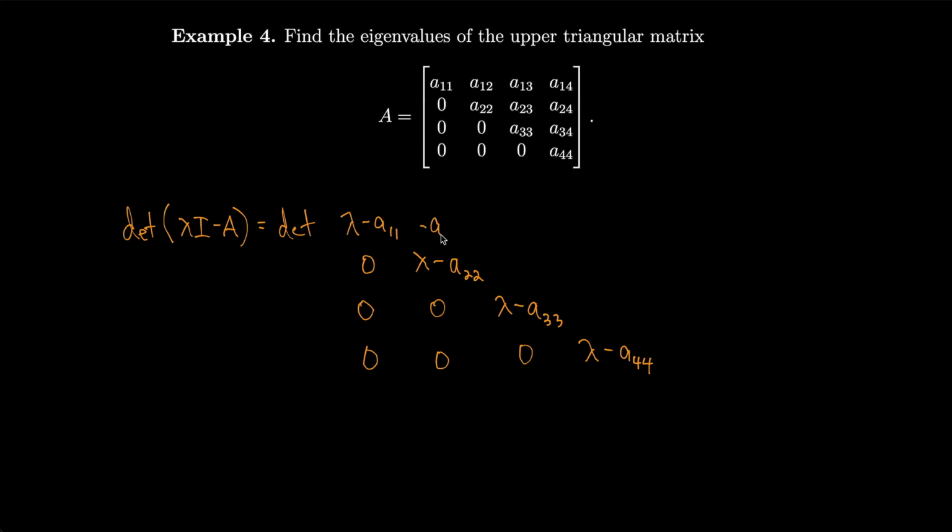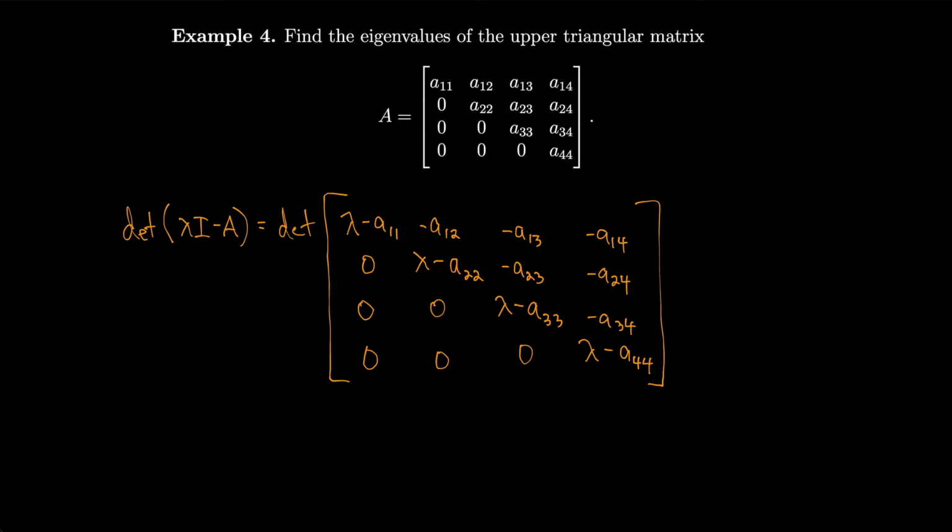Okay, so minus a12, and then minus a13, minus a23, minus a14, minus a24, and minus a34. Okay, so I'll get the determinant of this.